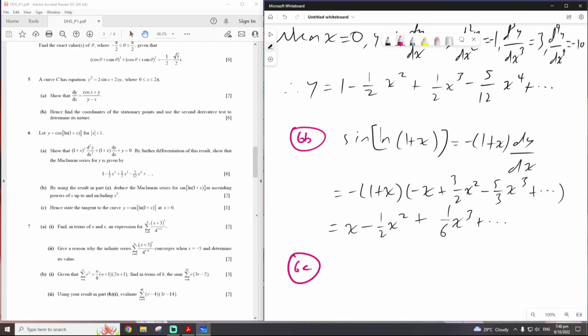Hence, write down the equation of the tangent to the curve y equals sine ln(1 plus x) at x equals 0. Now, for this question, the conceptual thing you need to take note of is that at x equals 0, the expansion is actually exact. So we know that when x equals 0, y is 0 as well. And what is the gradient of the curve at this point?